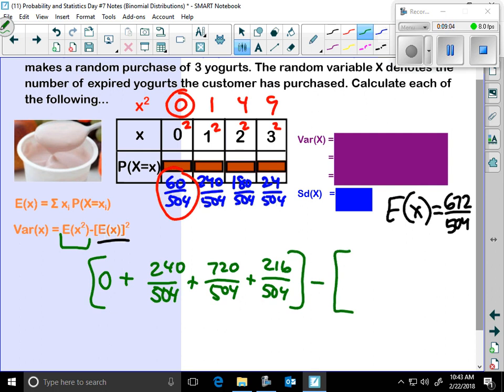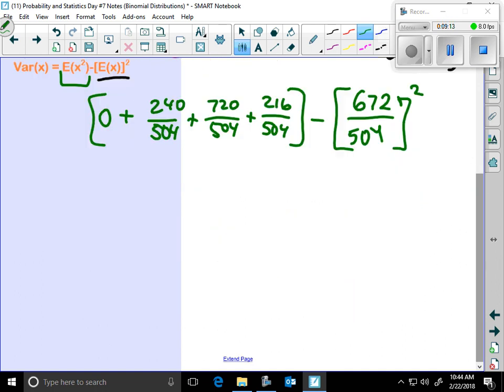the expected value of X squared. Victor, what'd you get? 1176 over 504. Okay, could you multiply 1176 times 504?